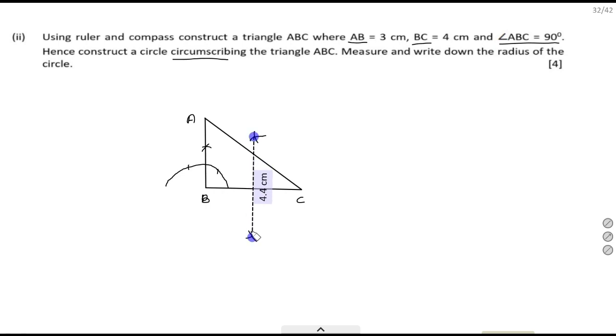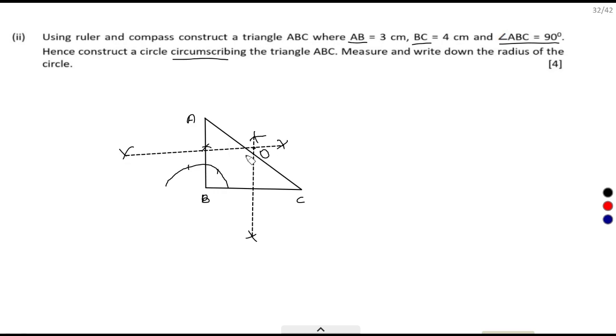To draw perpendicular bisector of AB, you have to make an arc from A and B. आप A से arc लगाइए, B से arc लगाइए कंपास की हेल्प से. Then you will get the perpendicular bisector of AB. And point of intersection of these two bisectors will give you circumcenter of this triangle.